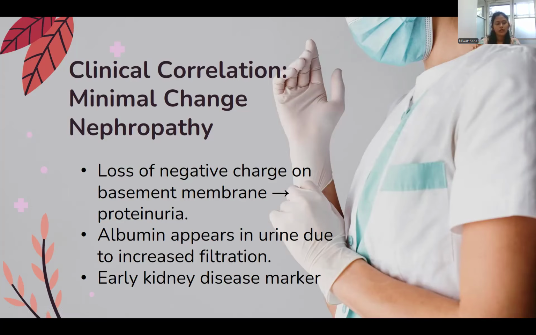So protein can also filter when there is a defect in the basement membrane, when there is loss of negative charge. At that time, albumin appears in urine because there is increased filtration. Albumin appearing in urine, albuminuria or proteinuria, is an early kidney disease marker.